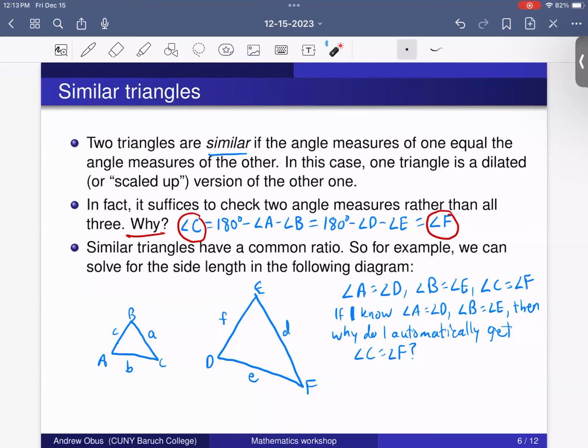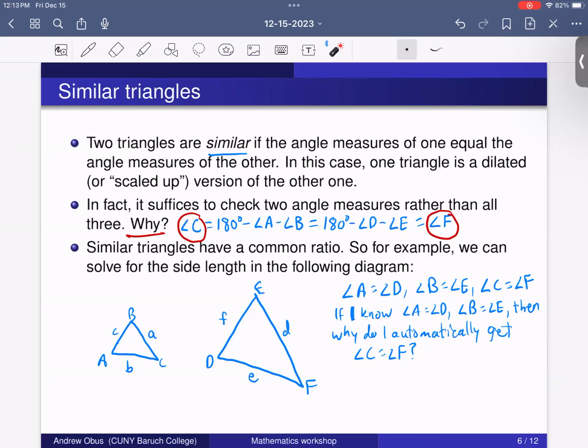Okay. So once you know that they add to 180 degrees, that tells us if you know two angles, you know the third angle. That's really what's happening. Yes, Ed? I have a question. I know that similar triangles are not congruent, right? Correct, they are similar. If they are congruent, they are equal.